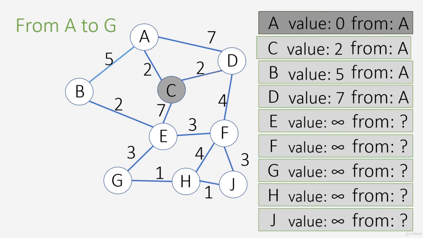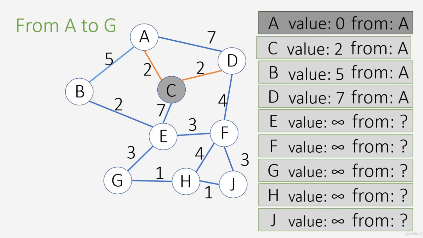From C, I can also get to D, and this edge has a value of 2. So I take a look at how much time it takes to get to D now, and if the value is bigger than the sum of the path from start to the current node and the edge from the current node to D, I change the value. So in this case, I add up 2 because it takes me 2 to get from A to C, and then I add 2 because it takes me 2 to get from C to D. And that gives me 4.